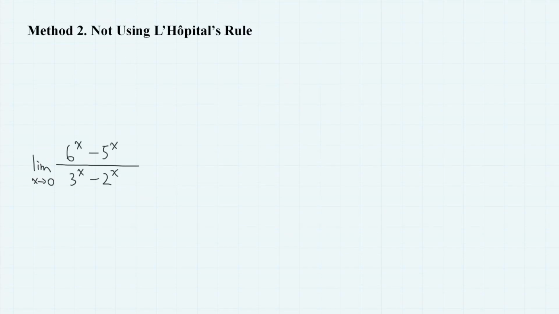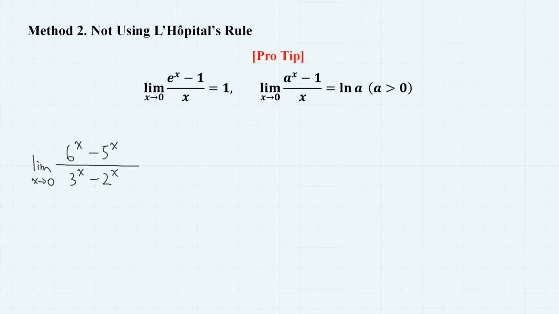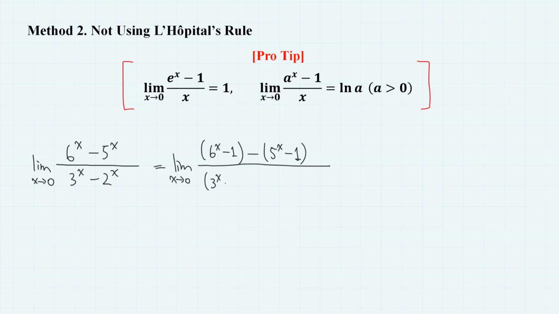And non-L'Hopital method is also really simple because we have done all the work in the previous problem. Here we just use the limits we derived in previous problem. In order to do that, let's write the numerator as 6 to the power of x minus 1 minus 5 to the power of x minus 1, and the denominator as 3 to the power of x minus 1 minus 2 to the power of x minus 1.